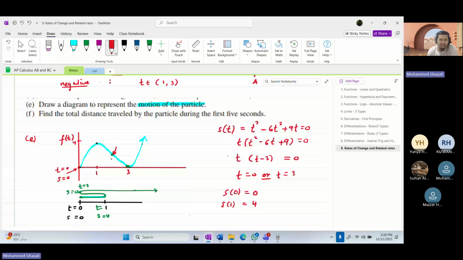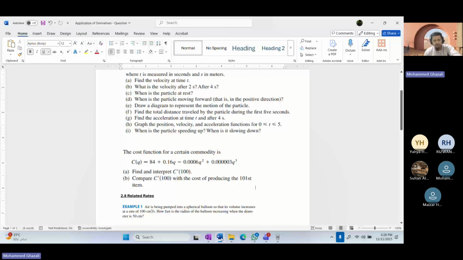Right, so this is a little bit more in detail. Now let's look at something in economics. Moving on to question 2. The cost function of a certain commodity is given by this. We want to find C prime 100.